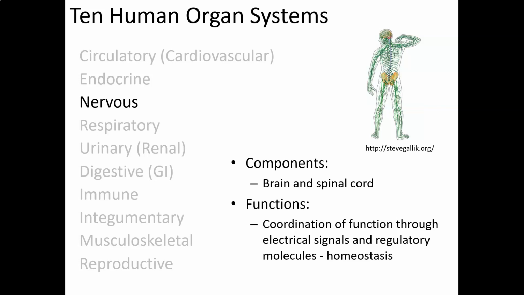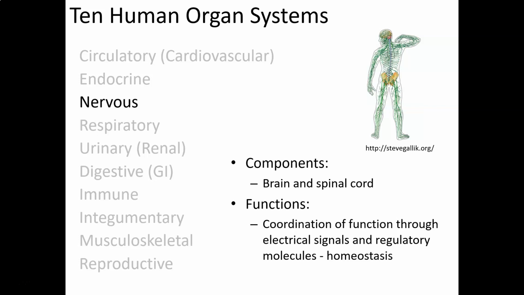How many pairs of cranial nerves do we have? Give you a second to think about it. All right, so there's a dozen. You probably learned them and went into a lot of detail about which ones were motor and which ones were sensory and which were both. And you probably didn't learn how many spinal nerves there are. There's 31 pairs of spinal nerves as well.